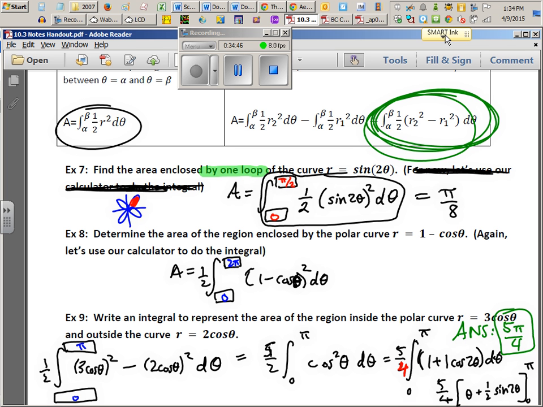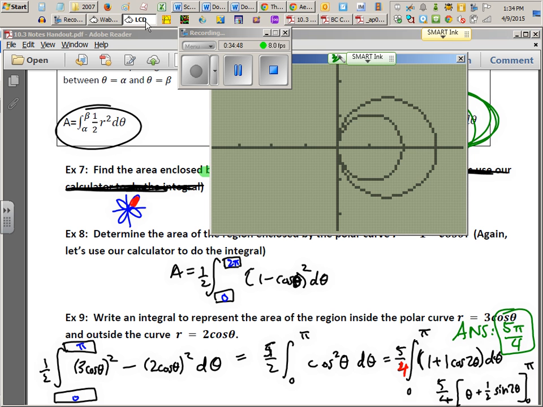So going back to our graphing screen, if we surround this with a box like this, this is kind of a 3 by 3 box. In other words, its area is 9. The area that we're interested in is about 4.5.